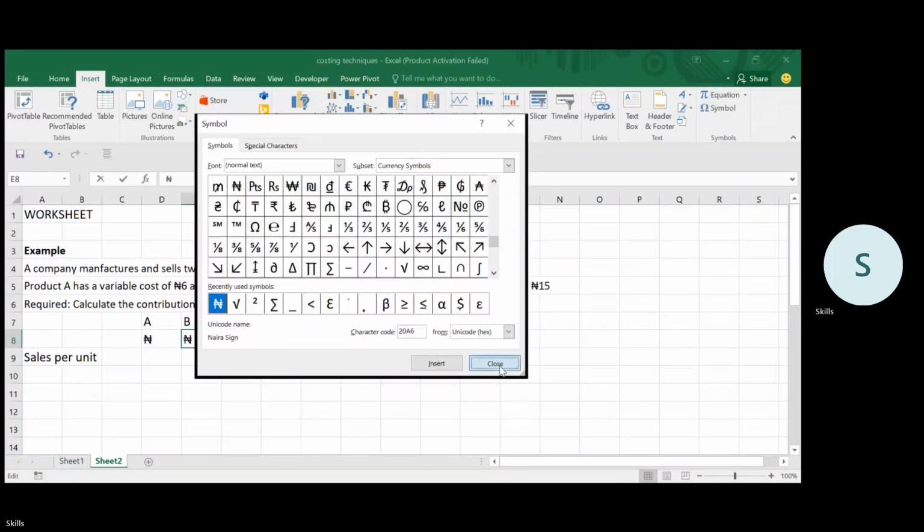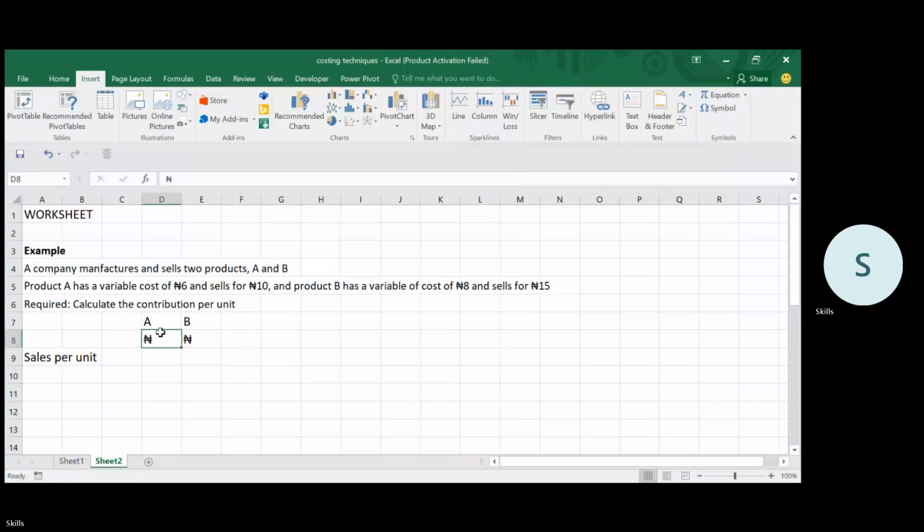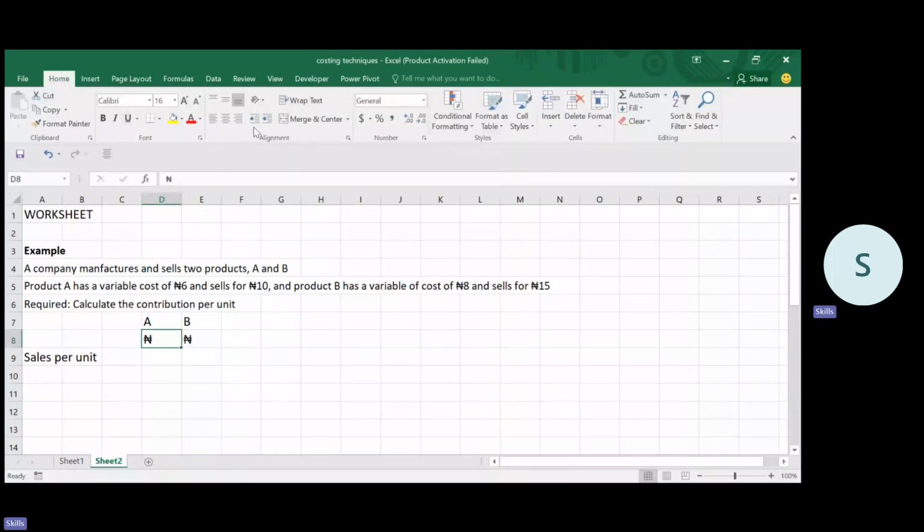Good. So we have product A and product B. Our sales per unit, that is the sales price.